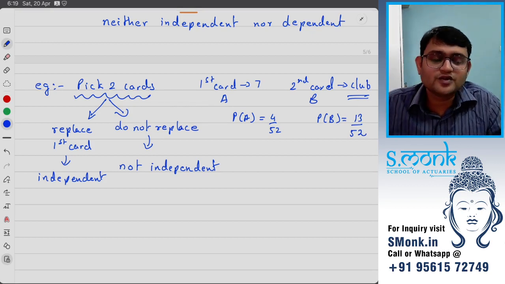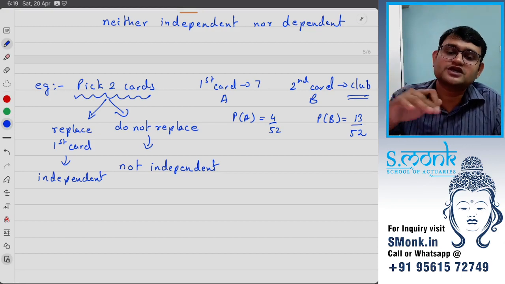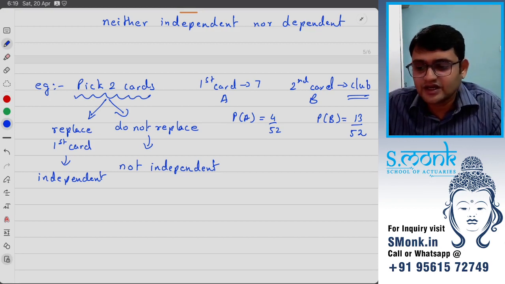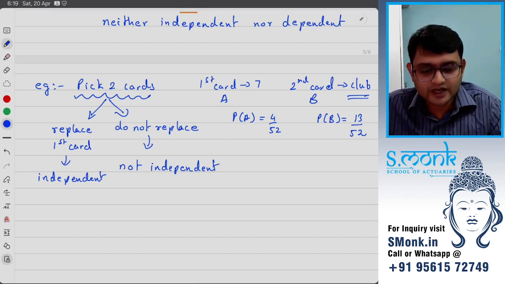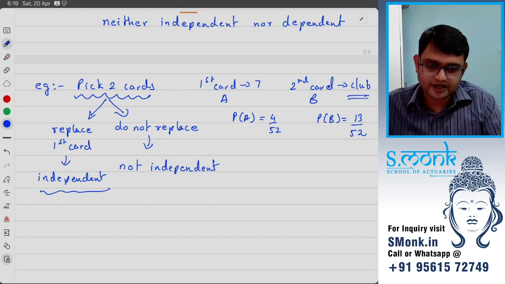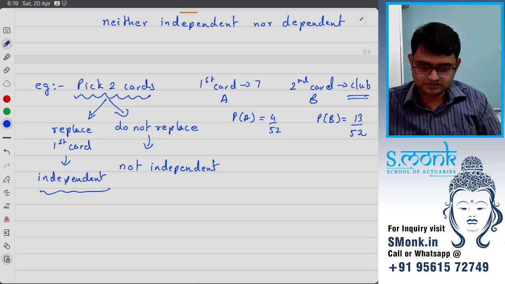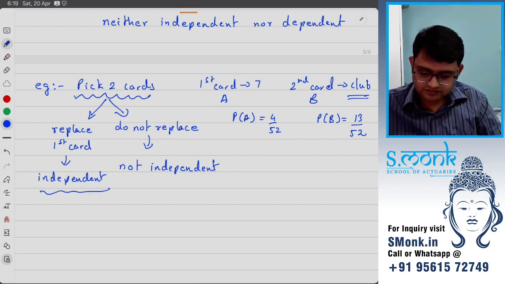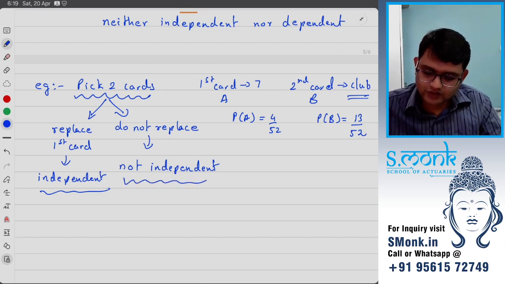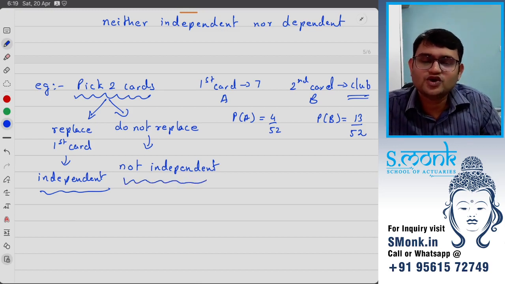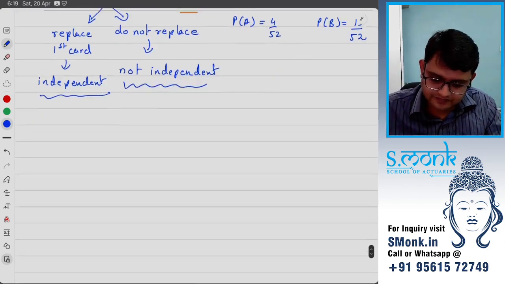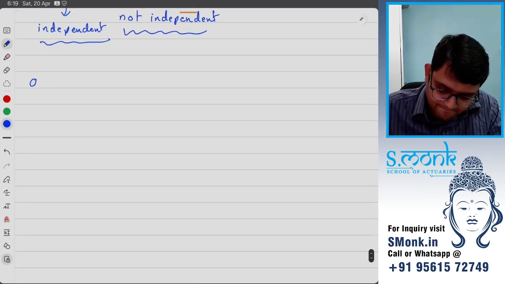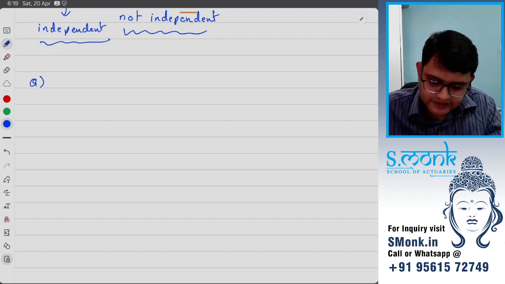It does not matter because I replaced my first card back into the deck. So they are independent. If we do not replace, then they are not independent. We get very simple questions on this. Okay, I'll just make a question.